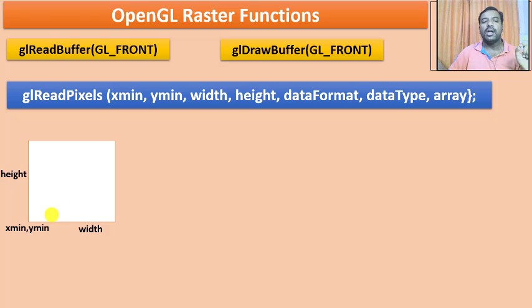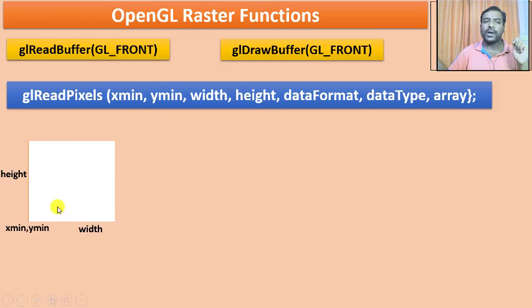The next parameters are the width, the number of columns I want to include in the block, and the height, the number of rows. Once this is done, you have defined the area in your display which you need to create as a block of pixels, the area where the transformation operation should be applied.